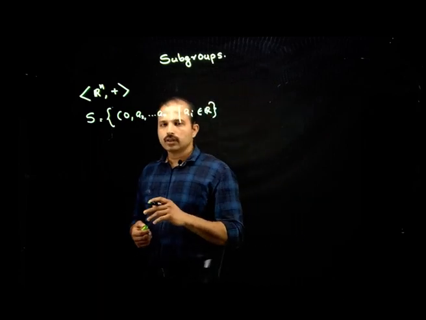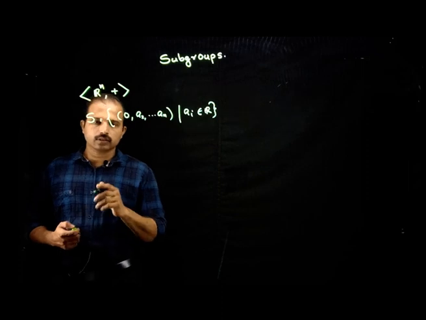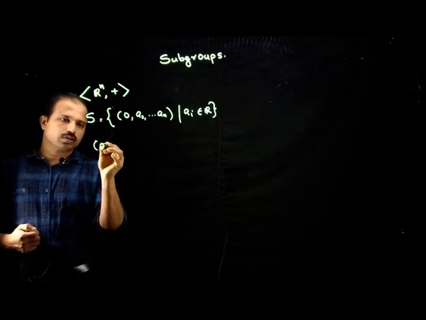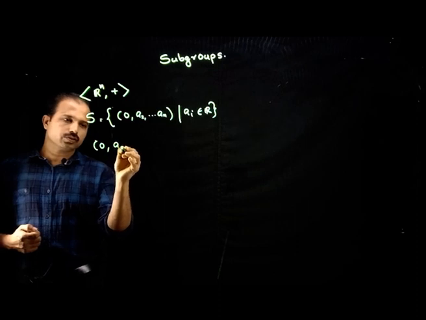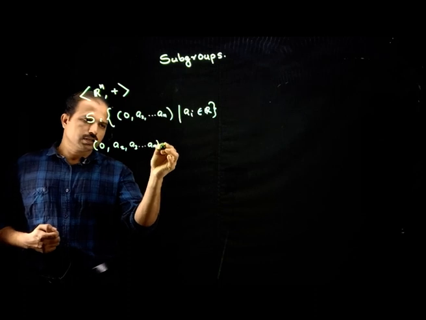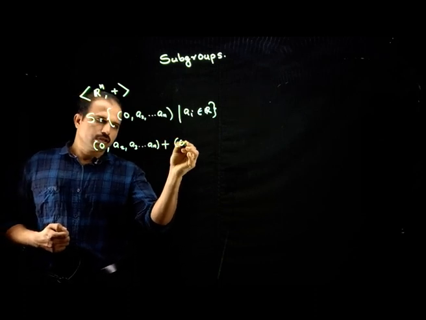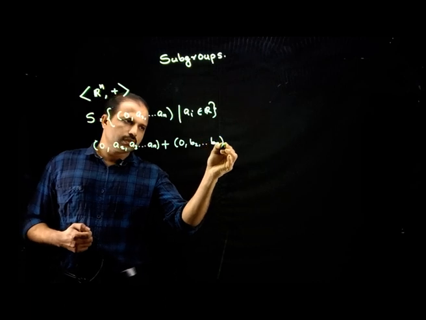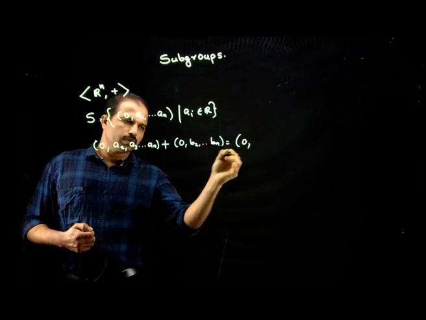Now you have to verify whether S under addition satisfies our group properties. So first we may look at closure. You choose two n-tuples with the first entry as 0: (0, a2, a3, ..., an) plus (0, b2, ..., bn). This is equal to (0, a2+b2, ..., an+bn).